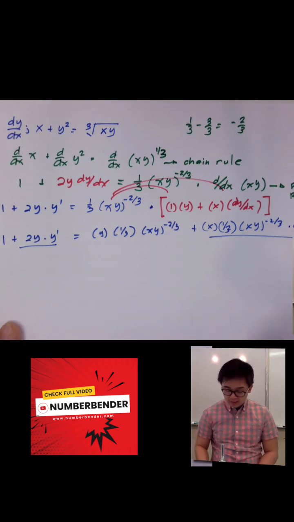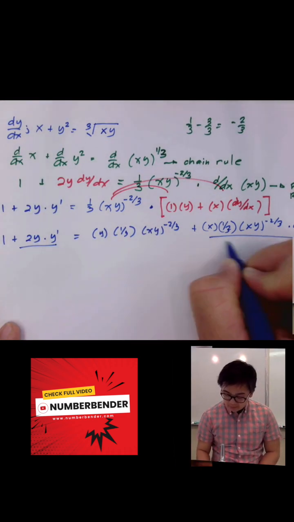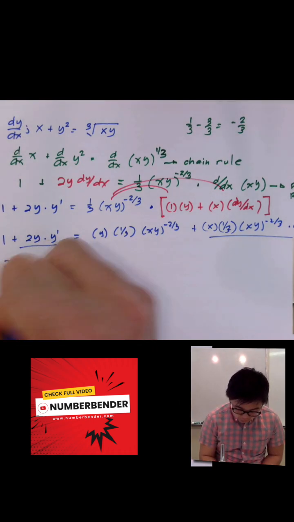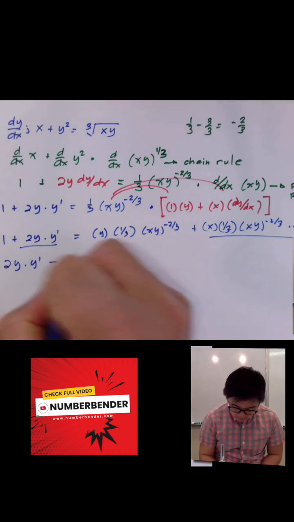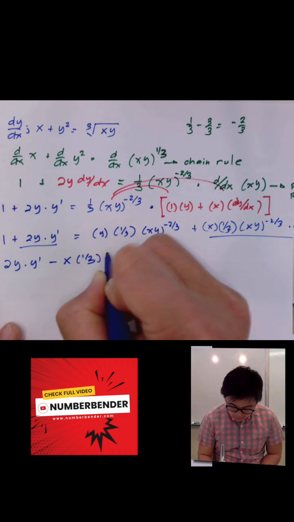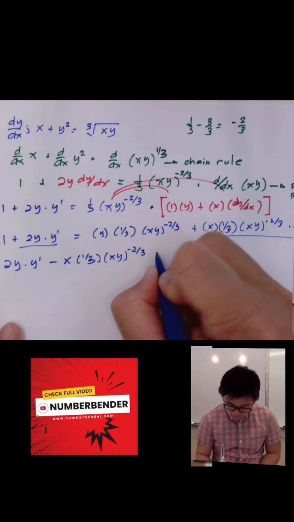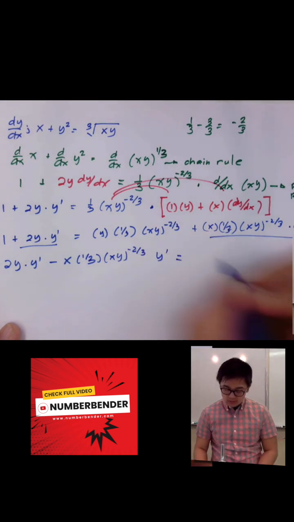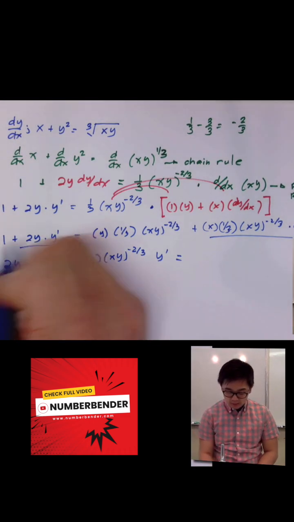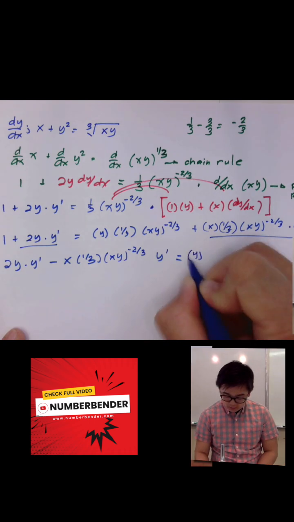So my dy/dx will be here, so by subtracting this term on both sides, I'll have 2y y prime minus x times 1/3 (xy) to the negative 2/3 y prime. Notice that I changed my dy/dx to y prime.